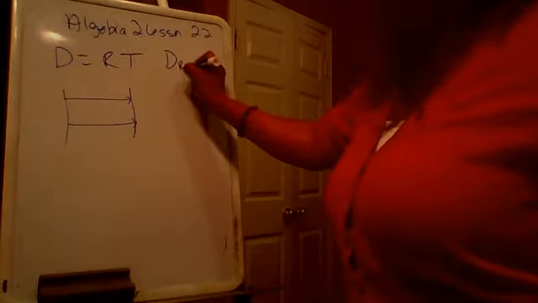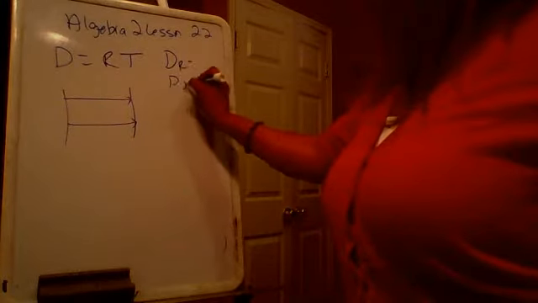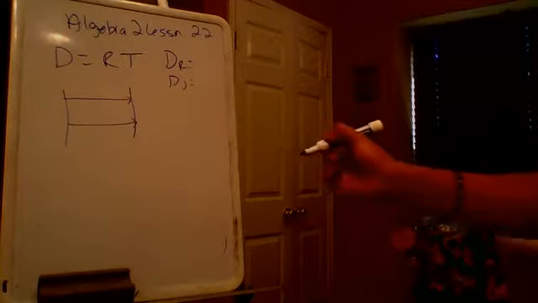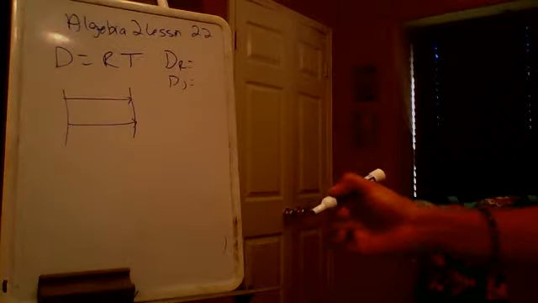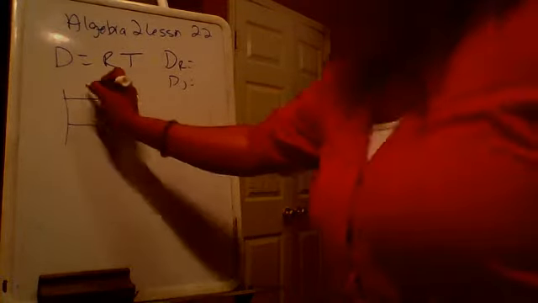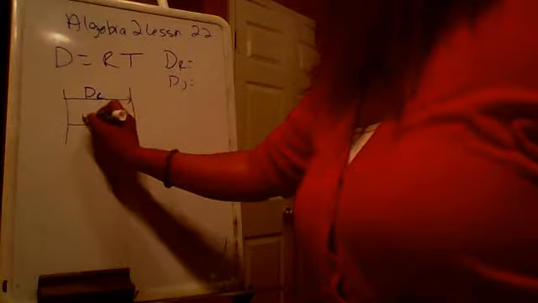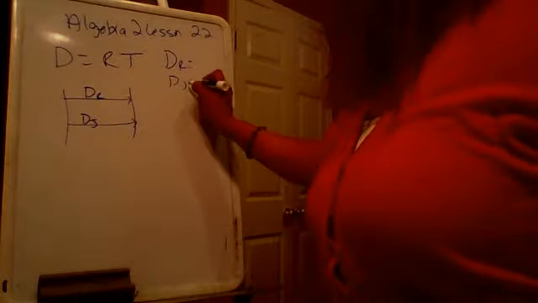Well, let's start with what we know. They traveled the same. Yes. So we're going to say distance of R for Roger and distance of J for Judy. So we know this is distance of Roger and distance of Judy.